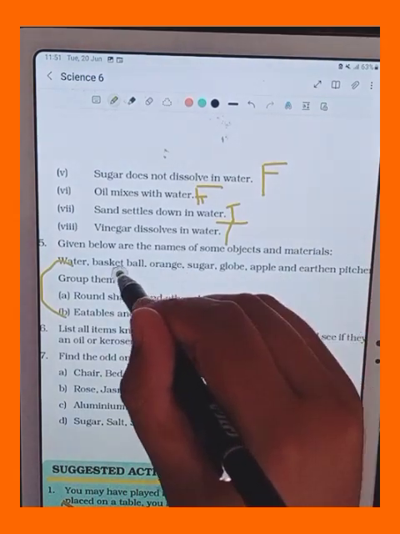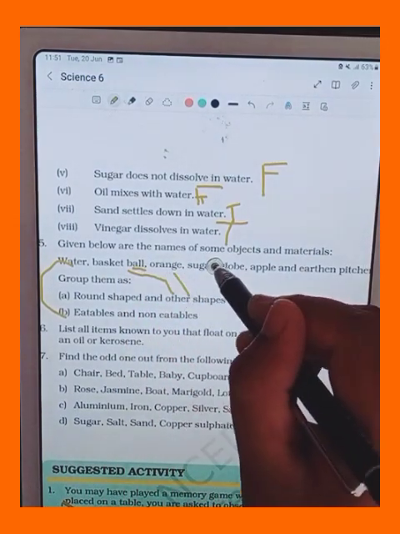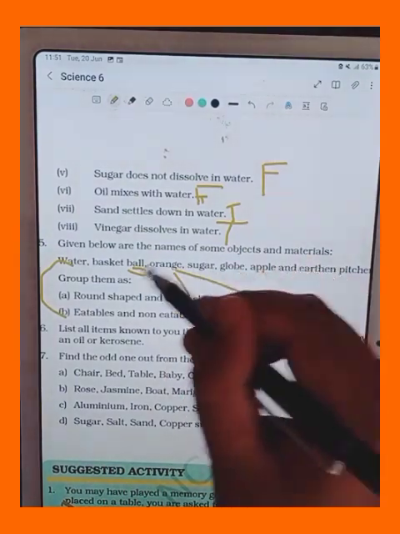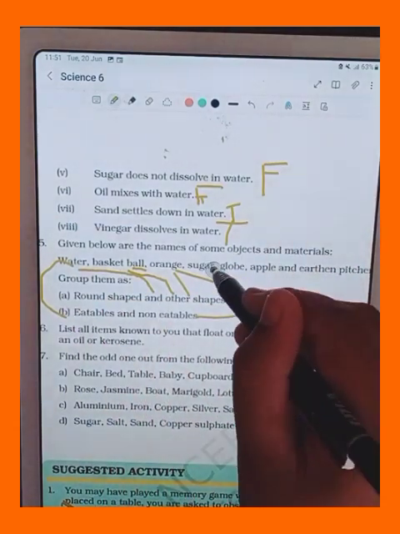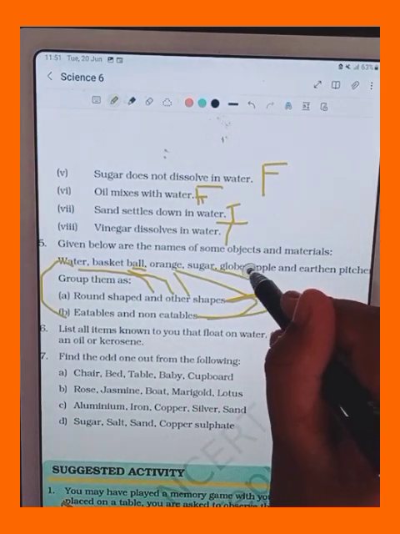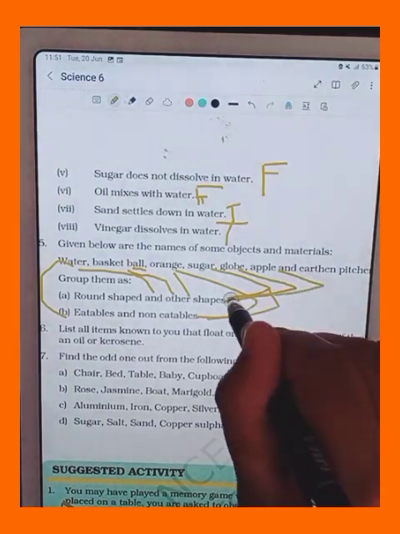Yes, this. Basketball in this, ball, orange in this. So orange will come in both. Water can come in this also in both. Sugar can come in this and also in this. Globe can come in only this, and apple can come only in A.